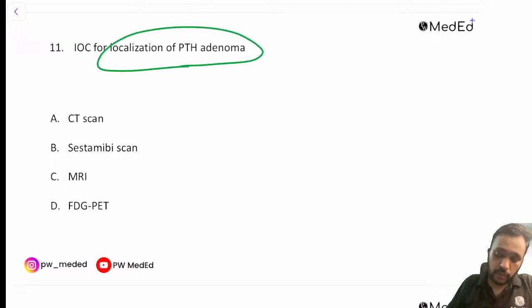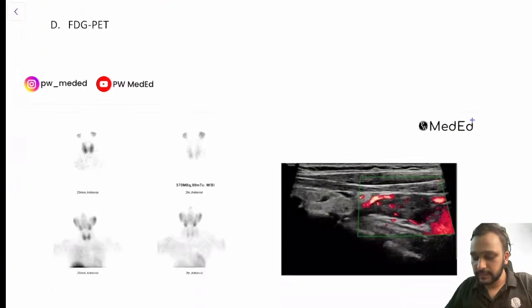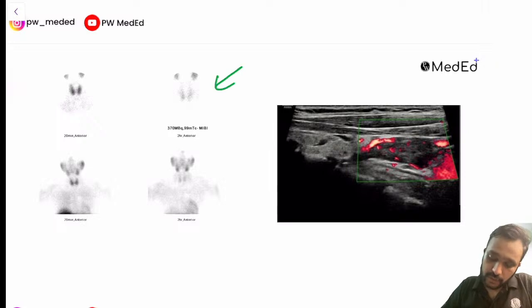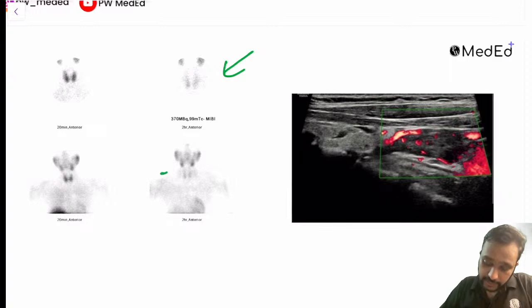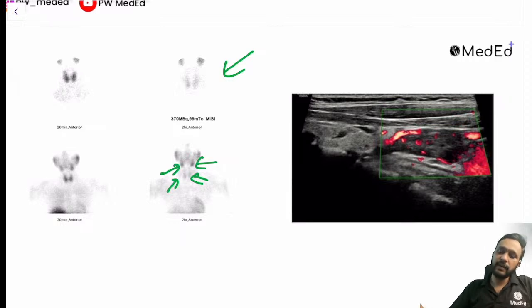Investigation of choice for localizing parathyroid adenoma. Very simple. This is your Sestamibi scan. This is an image showing you the Sestamibi scan, and in this image you can see that there is increased uptake by the parathyroid gland, right?